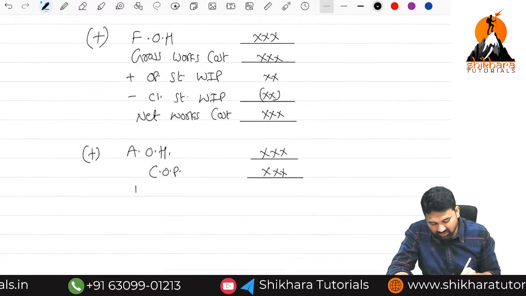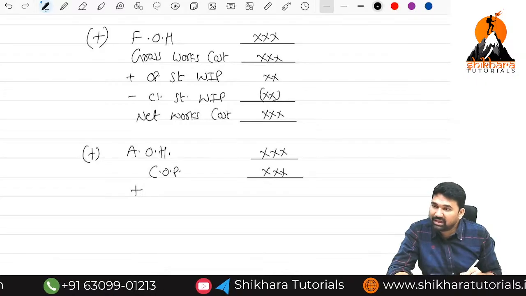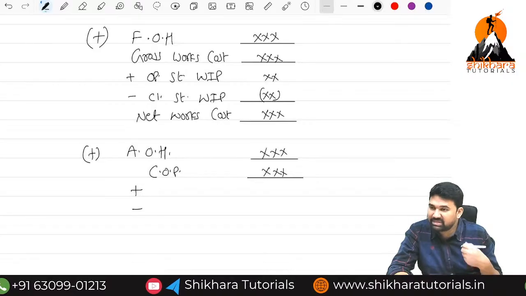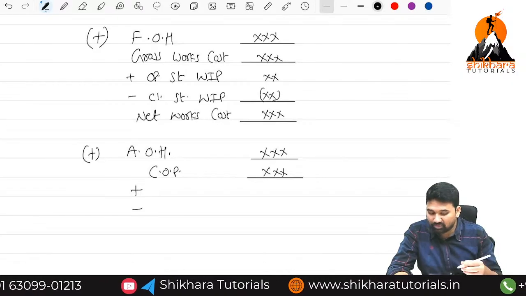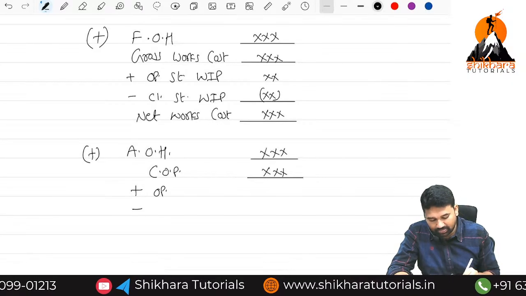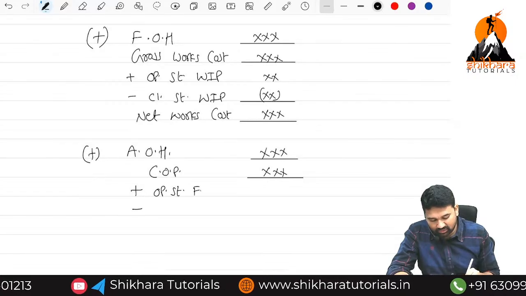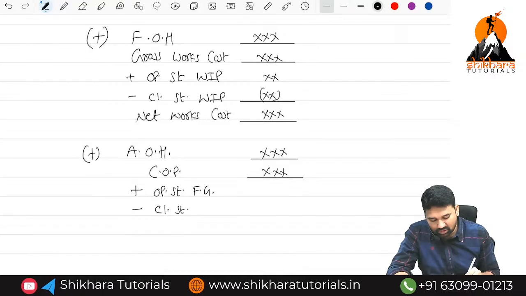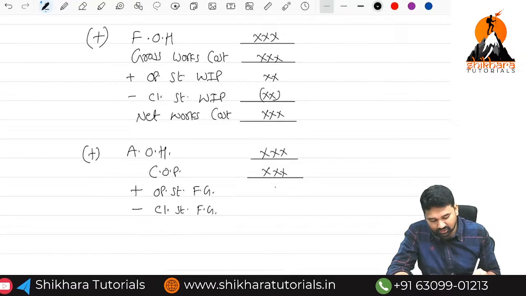And to this cost of production, we have to do again a small adjustment. What we need to add? Opening stock of finished goods. What we need to deduct? Closing stock of finished goods.